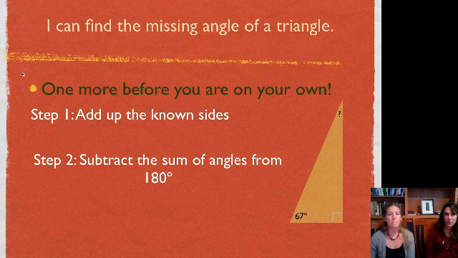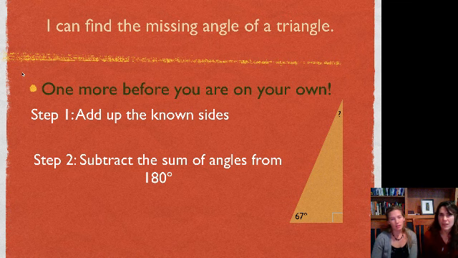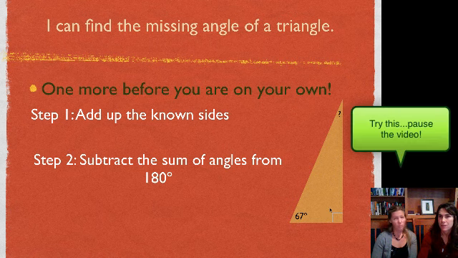All right, so once again, you're going to want to think of these steps here, and we just want you to try this one on your own first. So first of all, you're going to look at step 1 again, add up the angles that you do know about. And now this one is a little bit interesting because, of course, this one's given to you, but then you have to remember, what does this exactly mean? That one's given to you too.